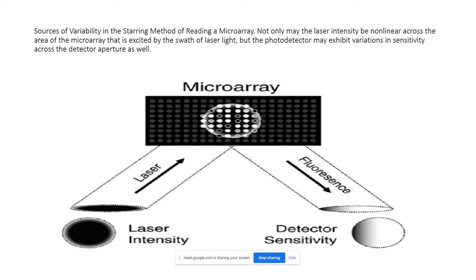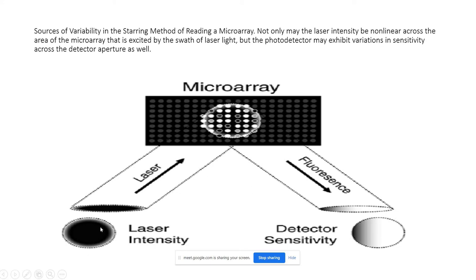The photodetector that is used may exhibit variation in sensitivity. Different detectors can be used, and the detector aperture can vary also. Across the detector aperture, the photodetector may exhibit variation.